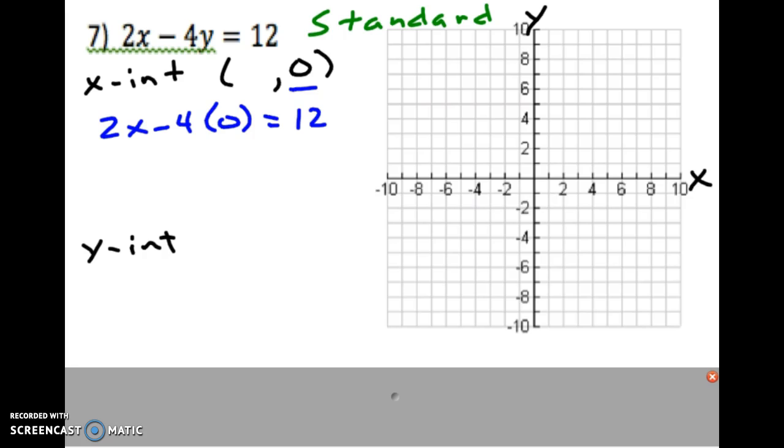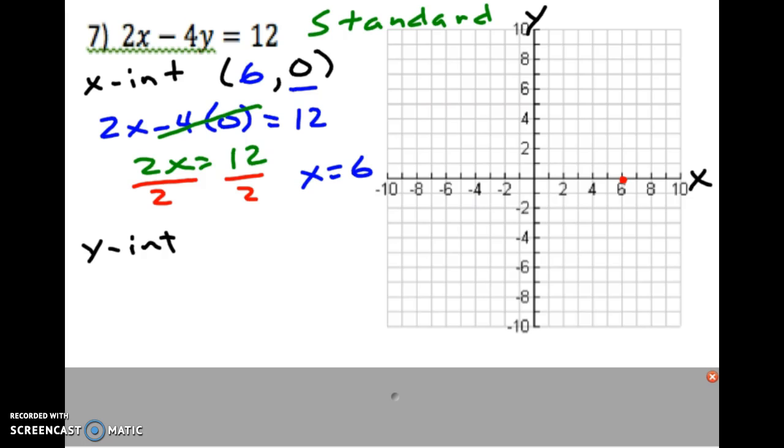Four times 0 would be 0, so this part cancels out, leaving us 2x equals 12. Divided by 2, that would leave us x equals 6. So our x-intercept would be at 6, 0. So on the x-axis, we put a point at 6.